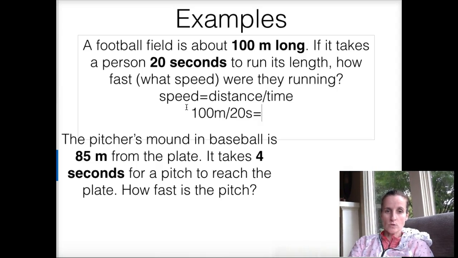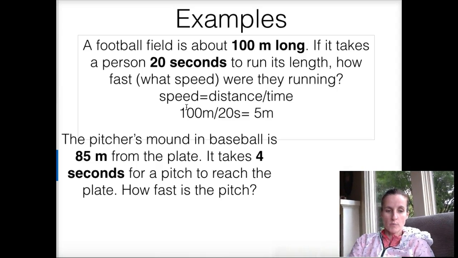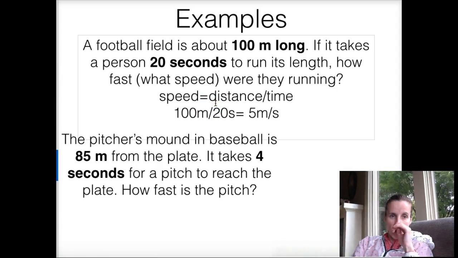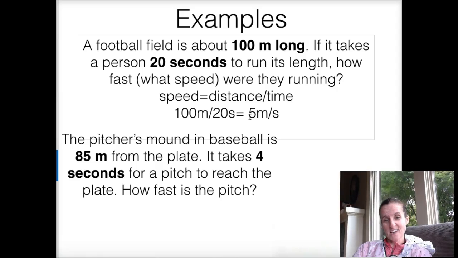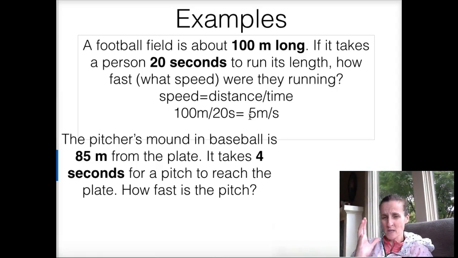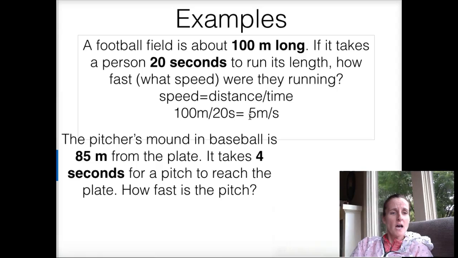Okay, that is equal to 5 meters per second. So this person was running 100 meters in 20 seconds. They were covering 5 meters per second. The crazy thing is Usain Bolt's 100 meters in under 10 seconds means he was covering more than a meter in a second, which is kind of mind-blowing.